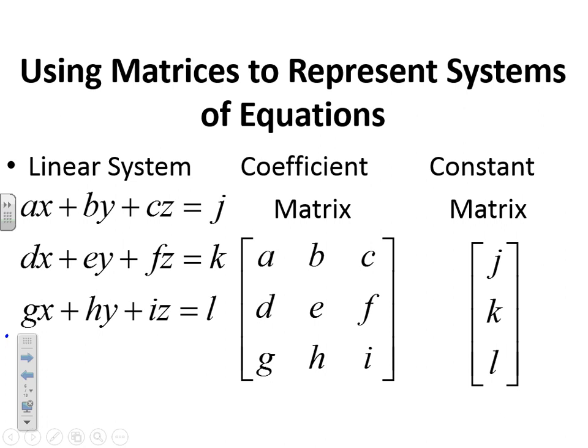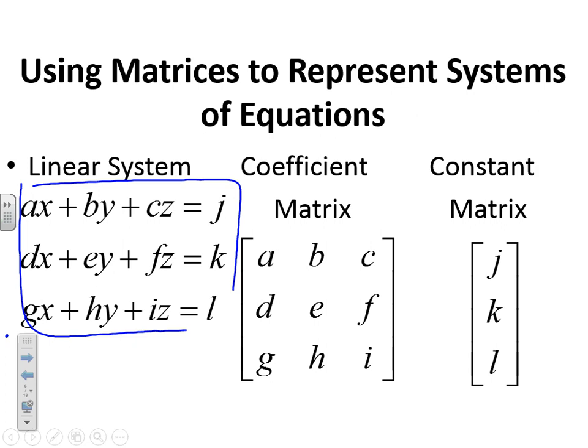So this is what we would have seen in class, where we said solve for x, y, and z. What we're going to do is break this system of equations up into 2 matrices. One matrix, the bigger matrix, is made up of all of the coefficients of the equations. Whatever number a is, that's the first number in the first column. Whatever number b is, that's the second number in the row, and then c.